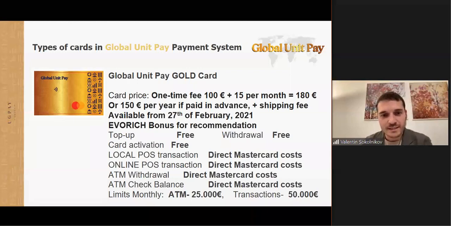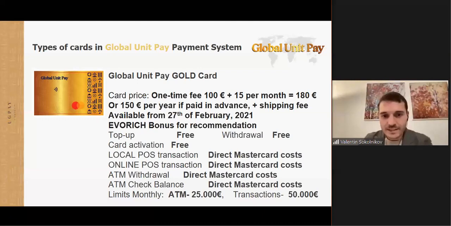We're not charging any commission. There might be some commissions from the bank who owns the ATM or MasterCard, and the ATM check balance is the same. If the local ATM charges commission, you will be charged the commission. If they don't charge any commission, then it will be commission free.